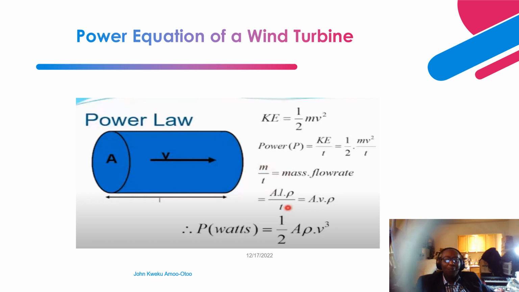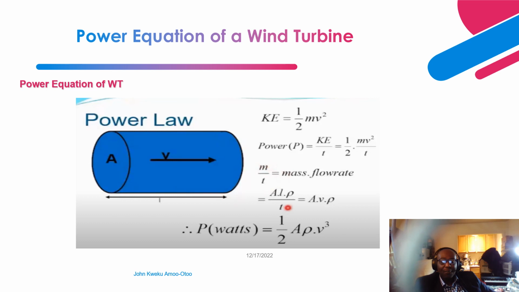From the equation, we can equate m over t as a mass flow rate. So what is the mass? We can equate mass as an area times length times the density of the wind. Over time, this is the equation we can achieve. Area times length over time is basically velocity.